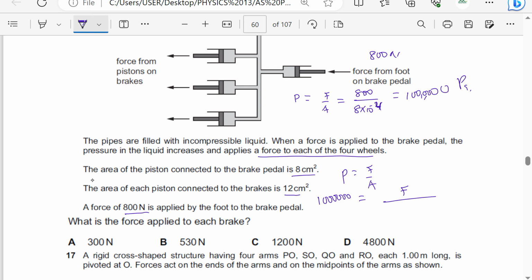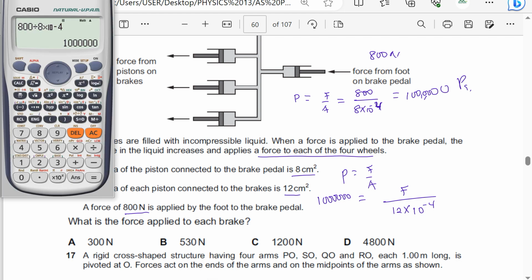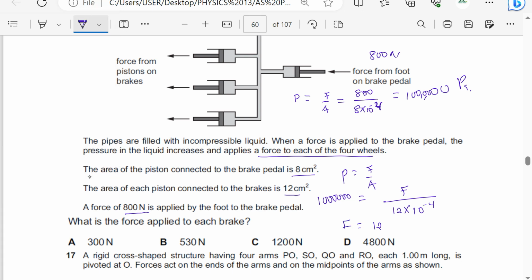The area of each is going to be 12 times 10 power minus 4. So the force on each is going to be 1 million times 12 exponent minus 4, which is 1,200 newtons. So the answer here is going to be C.